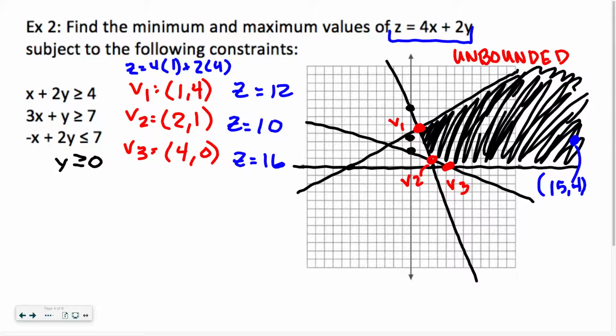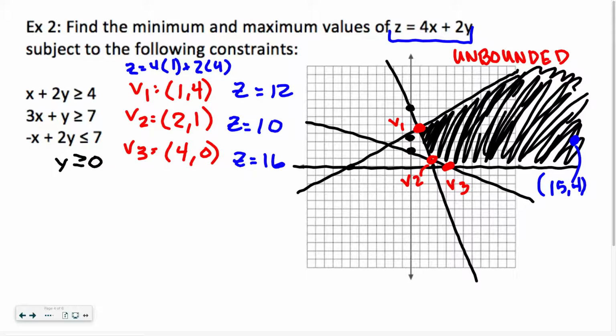What happens to your z if I put in 15 and 4? It's even bigger than 16, right? And imagine this keeps going out here. Couldn't I pick like 100 and something? And then it would be even bigger. So what can we say about this particular unbounded region? There is no maximum.